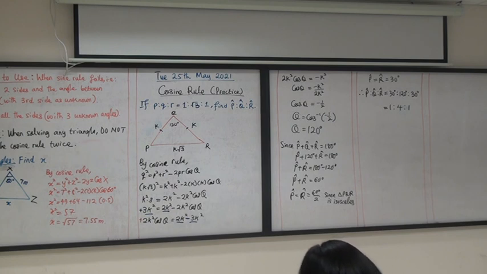Cos A. But is A the unknown? If you start with this, you have cos A. Is A the unknown? All you have to do was label first. When you label first, you know the exact rule to take. But you didn't label first. That's why you have this problem.